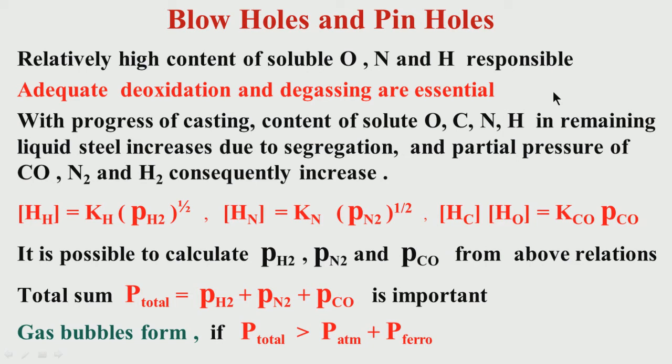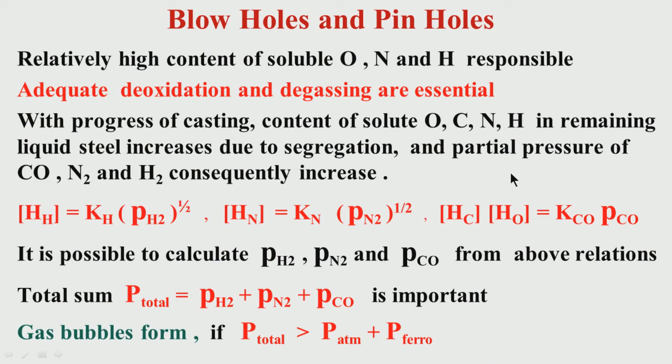Now, why is there a problem during casting? Let us try to understand. With progress of casting, as I have mentioned, due to segregation, the content of solute oxygen, carbon, nitrogen, hydrogen remaining in liquid steel is increasing. So, initially whatever content of oxygen, carbon, nitrogen, hydrogen you started with in the liquid steel, as you go ahead with solidification, the liquid steel is getting more and more rich, more and more segregated with oxygen, carbon, nitrogen, hydrogen and all these elements.